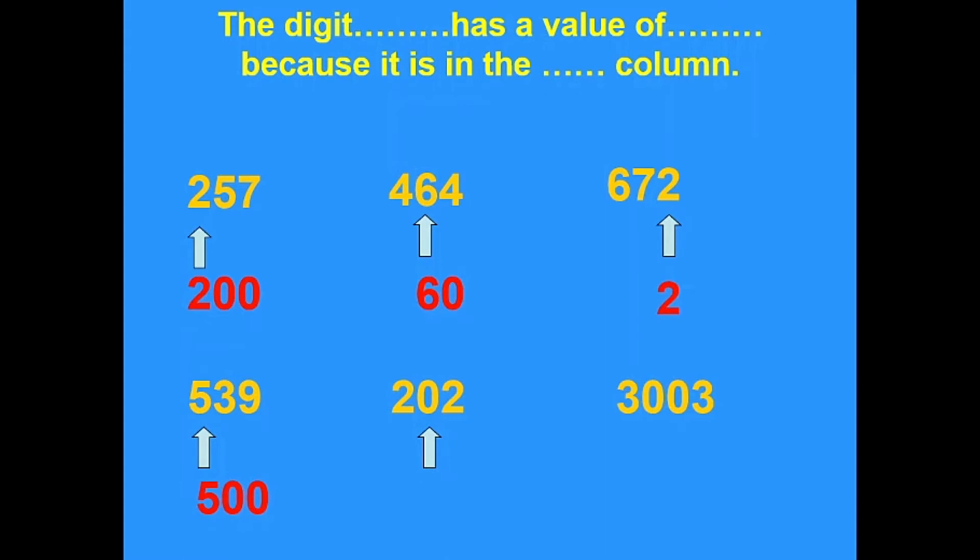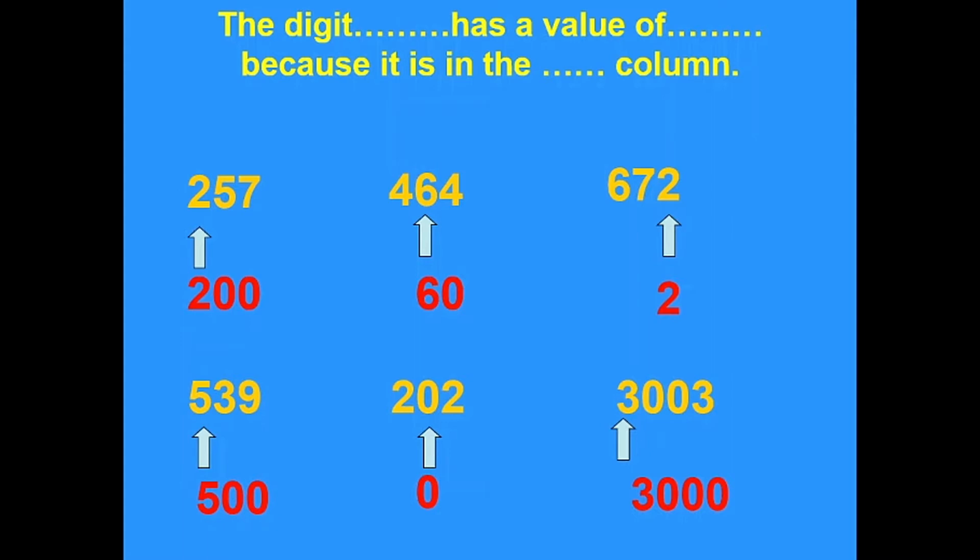The digit 0 has a value of 0 because it is in the tens column. 0 times 10 equals 0. And last one, 3. The digit 3 has a value of 3000 because it is in the thousands column. 3 times 1000 equals 3000.